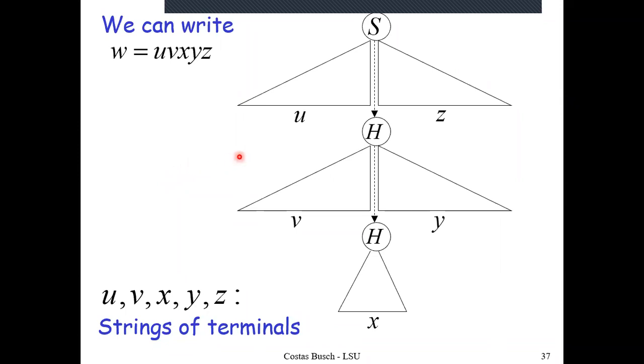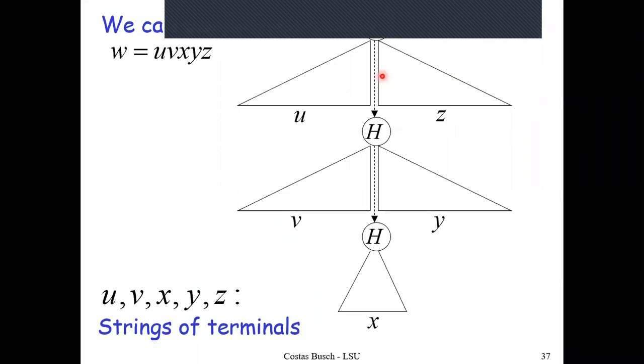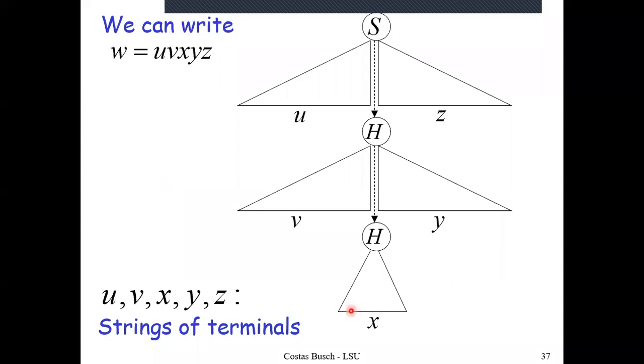So in the terminology of the outer subtree, the middle subtree, and the inner subtree, and also the sentential forms, I would have the variable S from the outer subtree giving me the sentential form UHZ, and then the sentential form in the middle subtree is going to be H giving VHY, and then the sentential form coming from the inner subtree is going to be H yielding X.